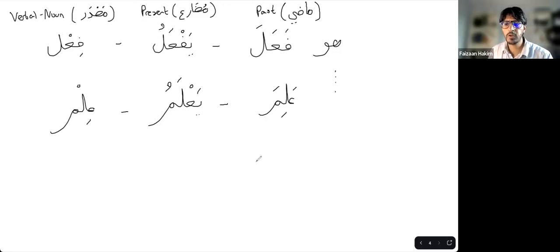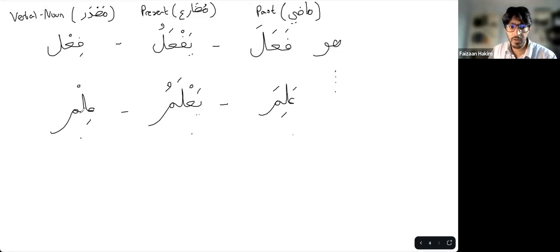So in general, when we're going to be learning words, when a new root comes up, we will do this. We're going to learn the past tense, the present tense, and the verbal noun. So it's always going to be like this: فعل يفعل فعل, علم يعلم علم. This is how we're going to learn words.